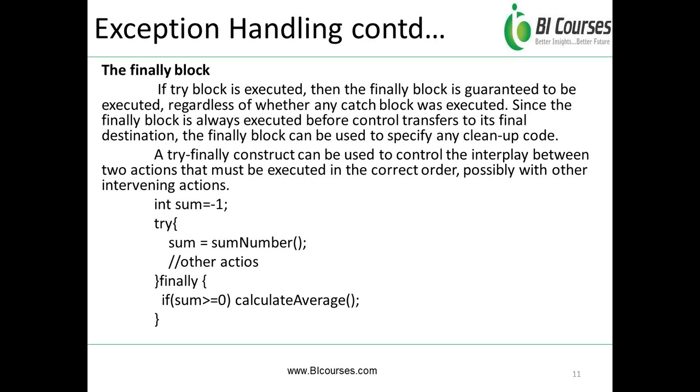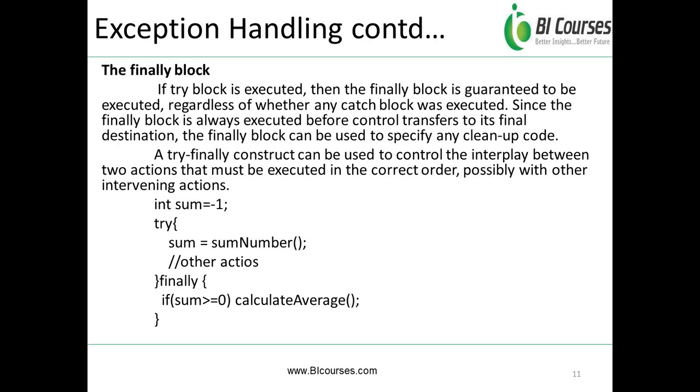A try-finally construct can be used to control the interplay between two actions that must be executed in the correct order. Like in this example, integer sum equals -1, try sum equals some number, and finally if sum is greater than or equal to 0, calculate. So only if the total is greater than or equal to 0 do we calculate the average, otherwise we don't. Like this we can put some set of statements.